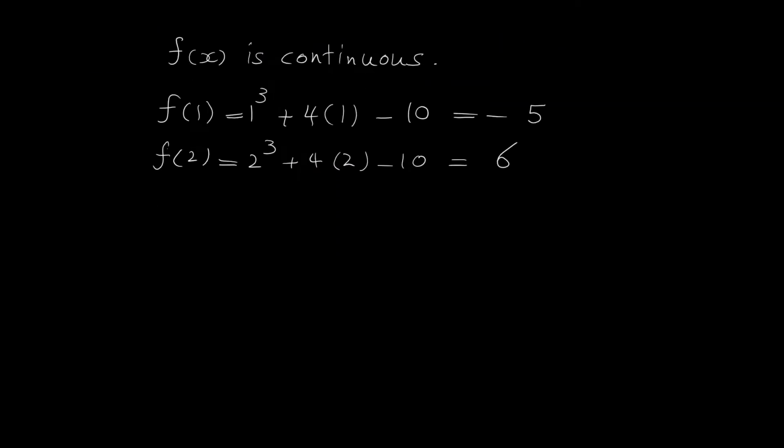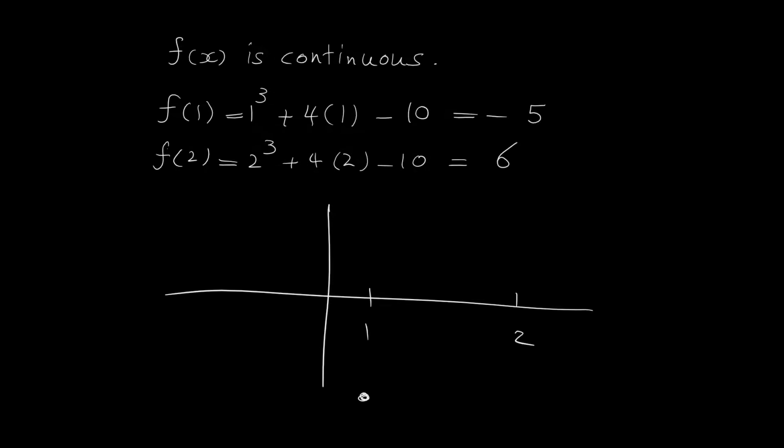This completely makes sense. Look at this graph, for example. Let's say 1 is here, 2 is here. Our function at 1 has a negative value, at 2 has a positive value. So if you draw a continuous function here, somewhere between 1 and 2, the function crosses the x-axis, which means that the function is equal to 0, or it has a root, a solution.